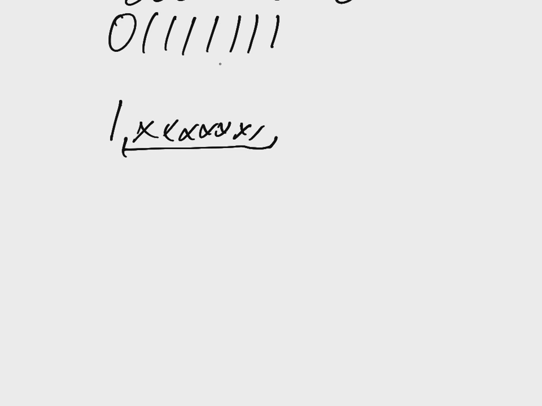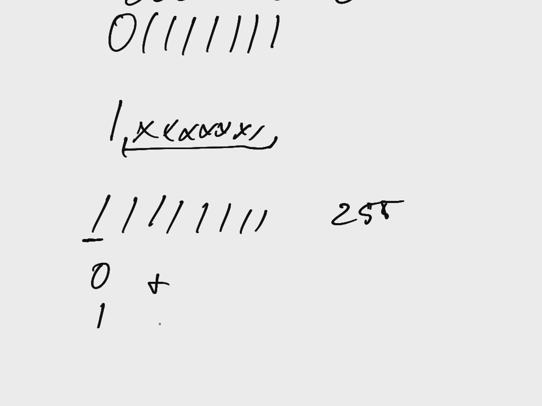This is 0 in decimal, and you end up with all ones, which is 255. But of course, in many cases you also need negative numbers, and the decision was made that the first bit will be showing the sign. If it's 0, it's plus. If it's 1, it's minus.